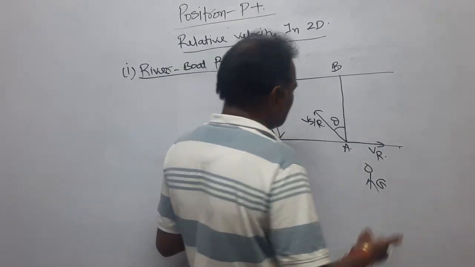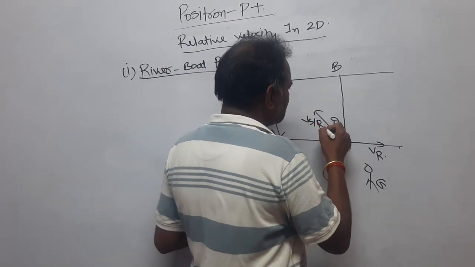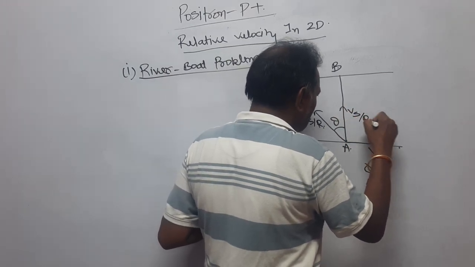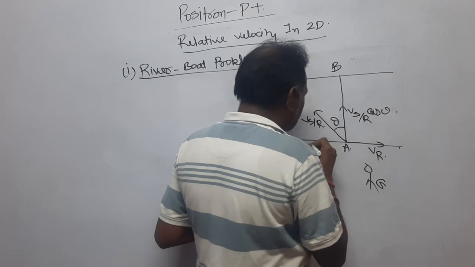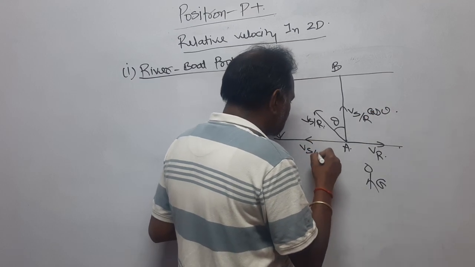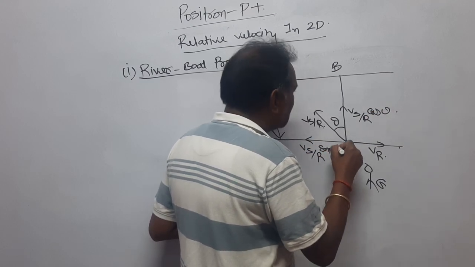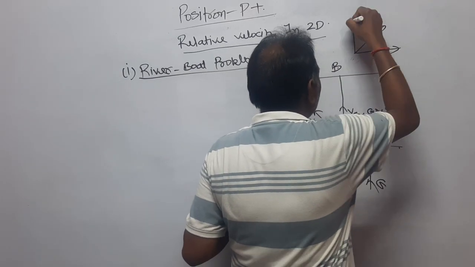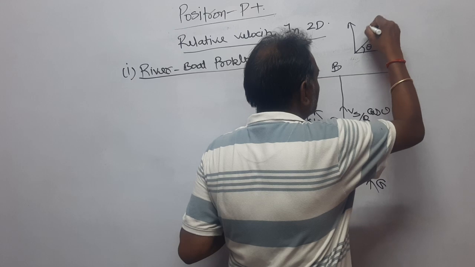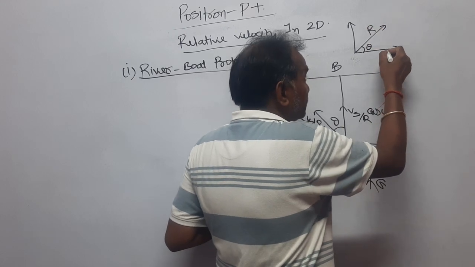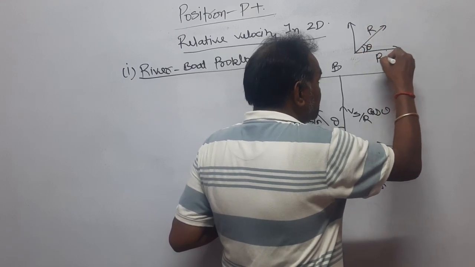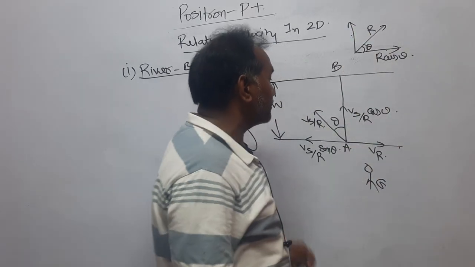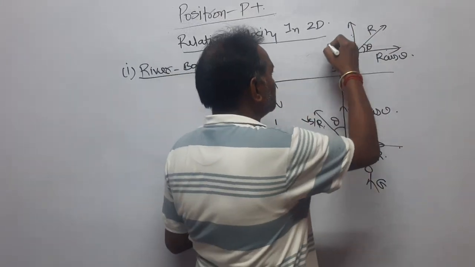Now, dear student, this VSR has one component, VSR cos theta, and this component is VSR sin theta. Nothing you have to talk much about, very simple concept. If this is theta, this is R, then the component adjacent to the angle is the cos component, and the perpendicular component away from the angle is the sin component.